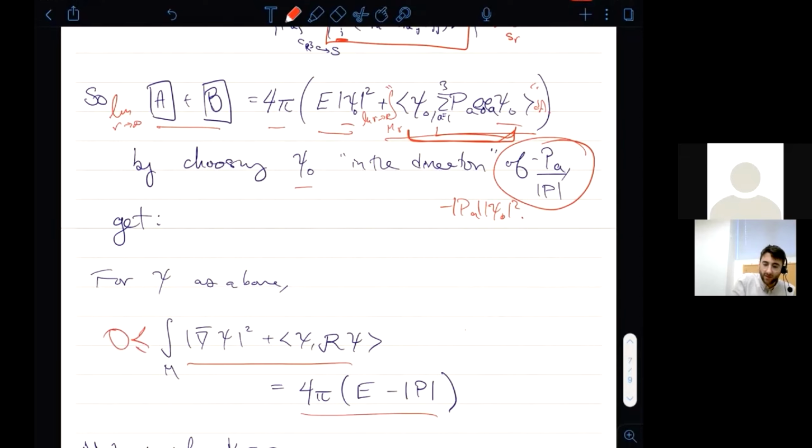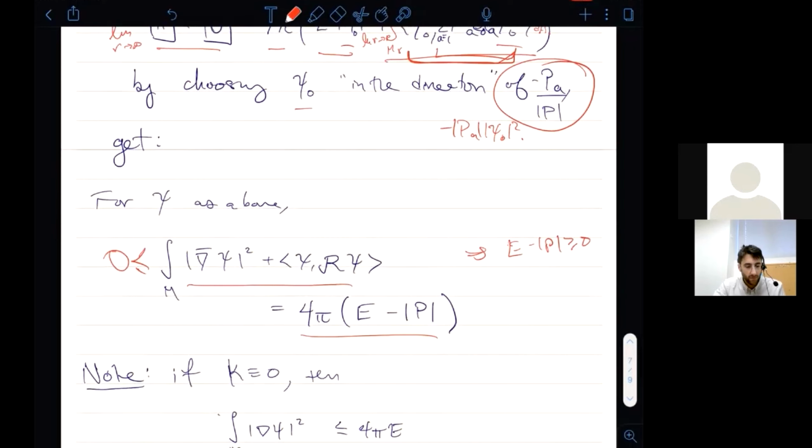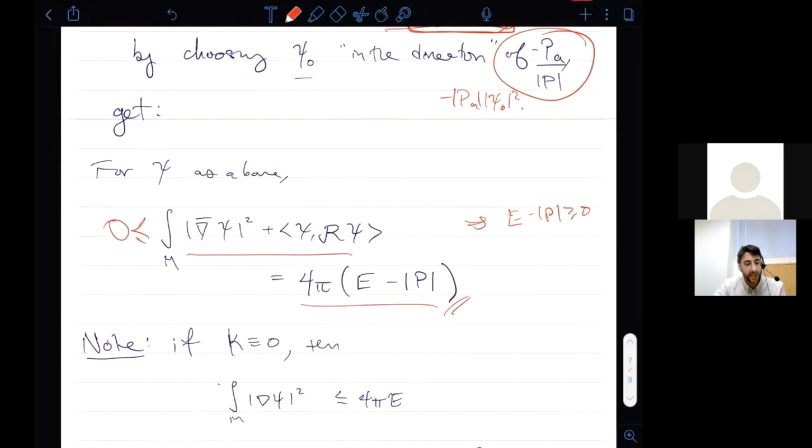So that tells you, in particular, if you have the dominant energy condition, then E minus norm P is greater than or equal to 0. Or in other words, the total energy momentum is time-like or non-space-like, which is the main theorem. That's the main positivity.